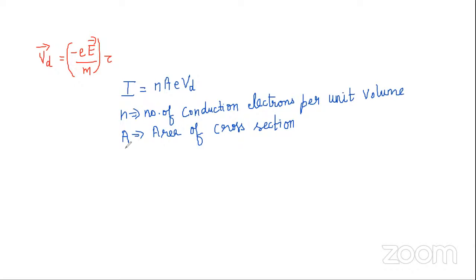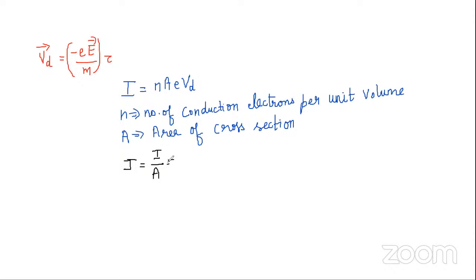Now from this you can find out the expression for current density also. J equal to I by A. So you have to divide this equation by A to get the expression for current density.